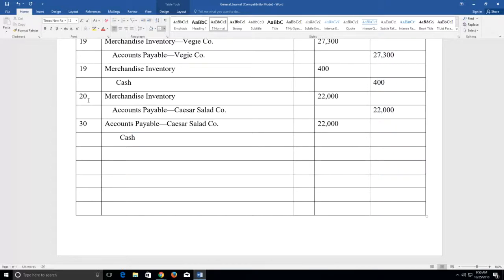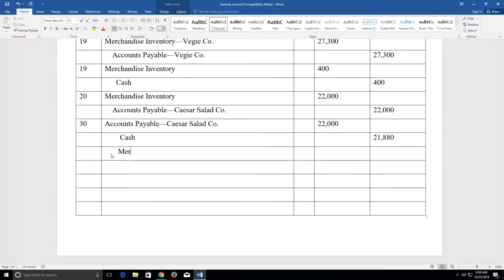Cash. Okay, it tells us that Caesar Salad is offering us a 1% discount. So that would be $220. So we're going to pay $21,880, right? I kind of did that in my head. Somebody correct me if I'm wrong. Maybe it's $780. I'm not sure.